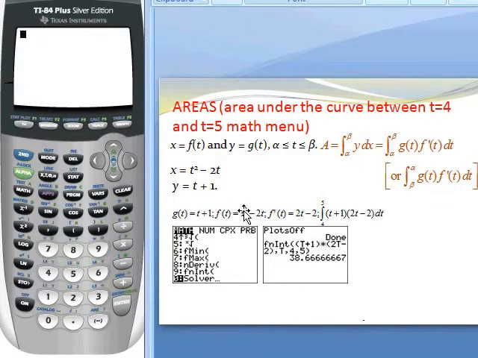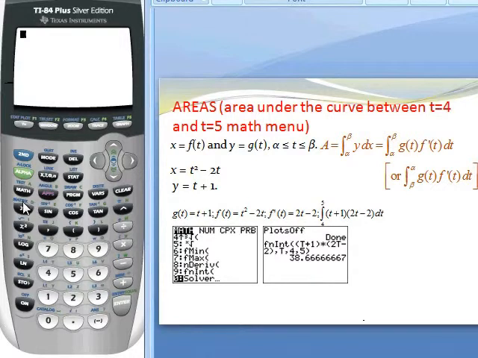And f of t was t squared minus 2t. Remember, in the formula, I'm supposed to take f prime of t, which is 2t minus 2. So t is going to go from 4 to 5, and it's a multiplication of t plus 1 times 2t minus 2 dt.